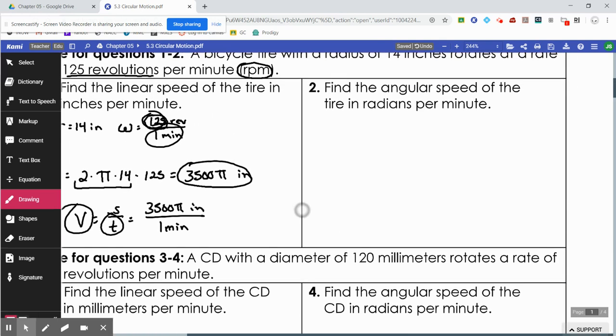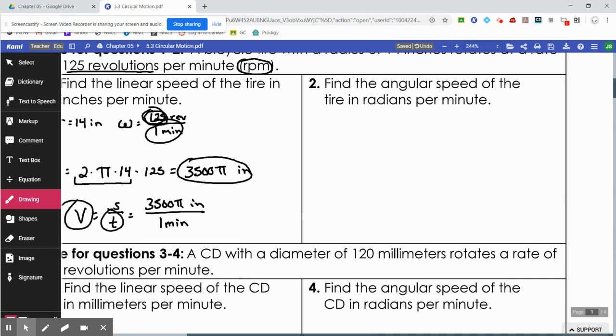The second part says find the angular speed of the tire in radians per minute. All we have to do here is take my angle, which was 125 revolutions. I don't want it in revolutions; I want it in radians.